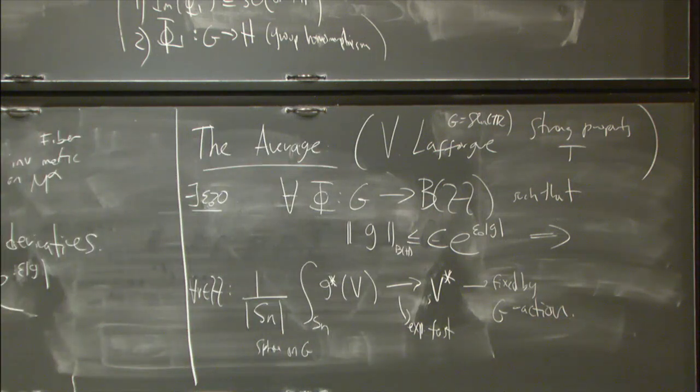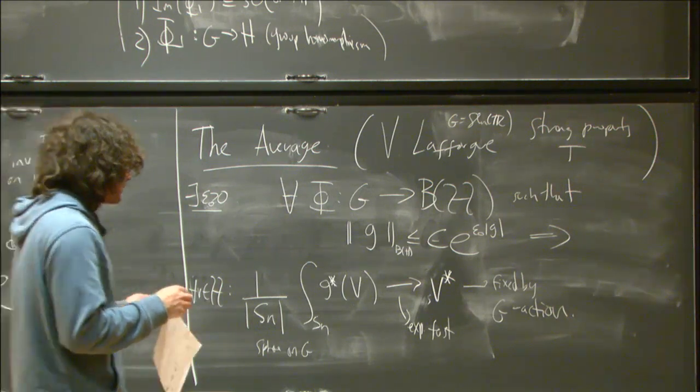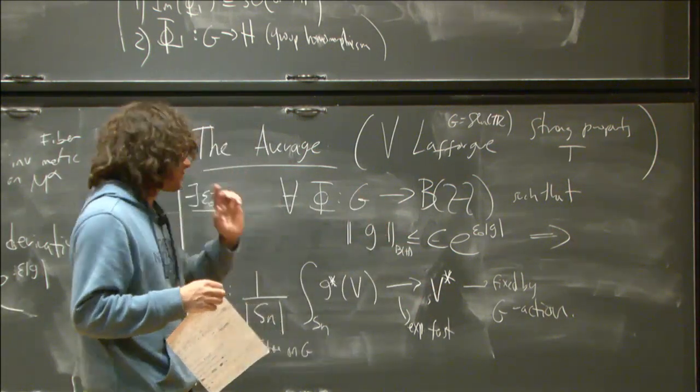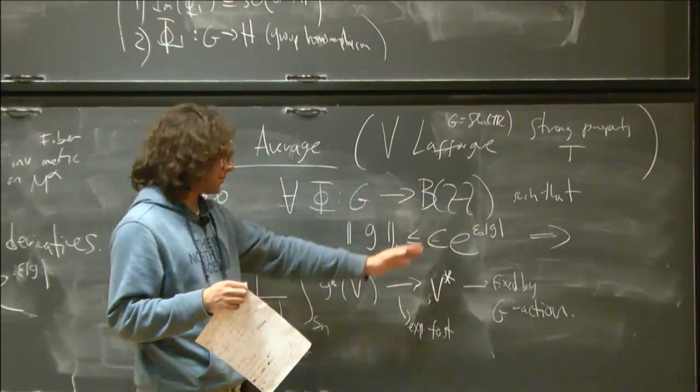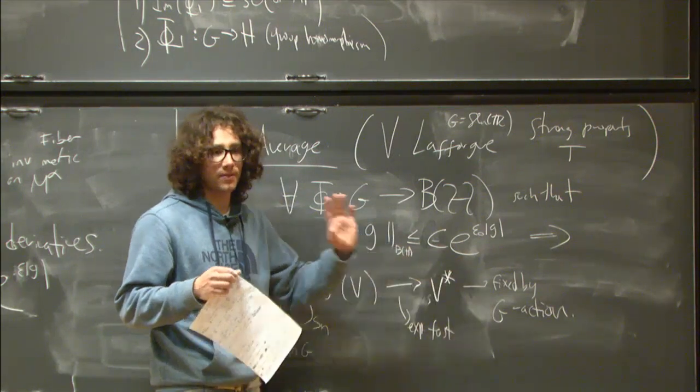Okay, but this might be a priori just 0 if there were no fixed points. So if you have a representation on a Hilbert space with no fixed points, the averages converge to 0.